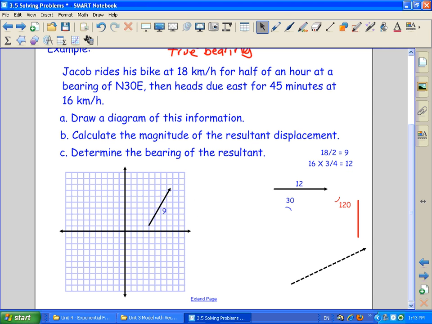So we're going to start here at the compass, and we know that he's going 30 degrees from north toward the east. Everybody okay with that? If you're not sure where the 9 came from, it was half an hour, so you have to divide the per-hour speed, because that's what his speed is. You need to make sure you've got the same units.